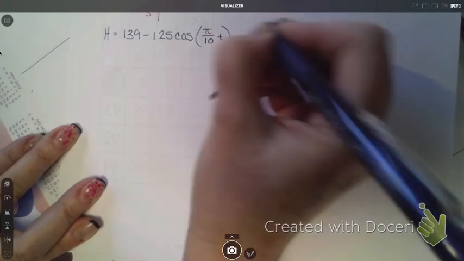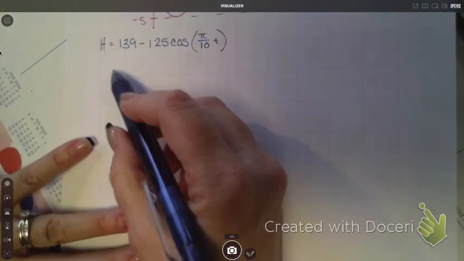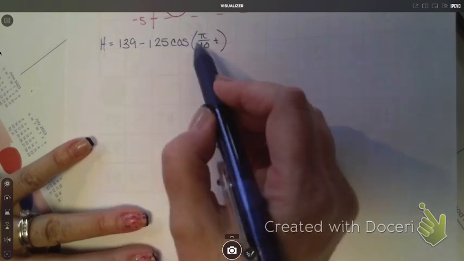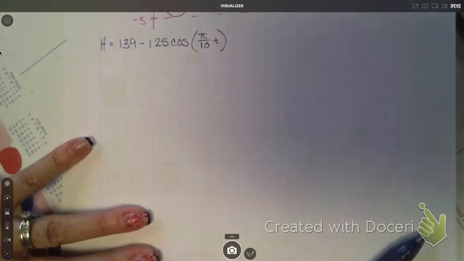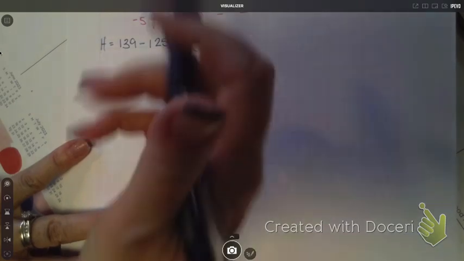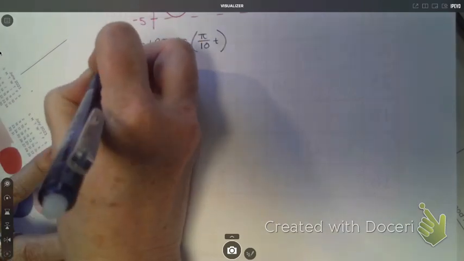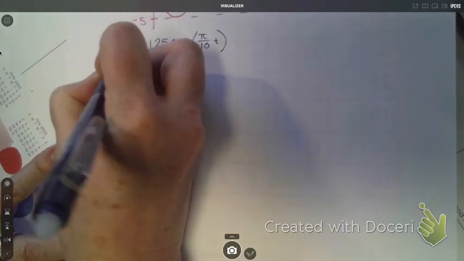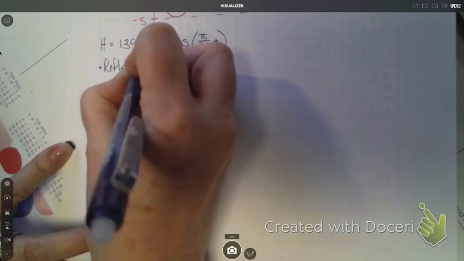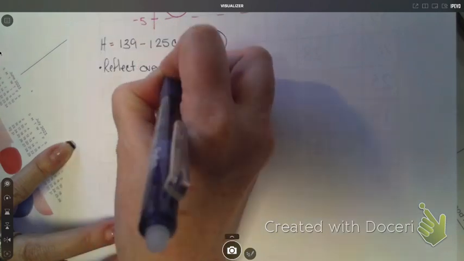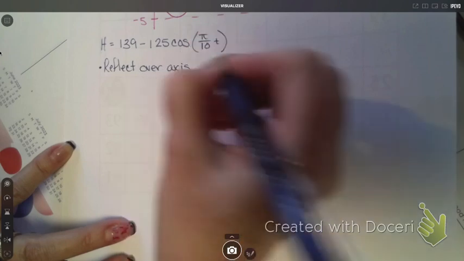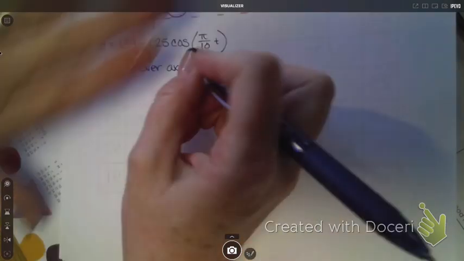The reason I know this is a story problem is because we have things like H, and we have t, which always stands for time. Okay, so we gotta go through it. Is it reflected? Okay, reflected.